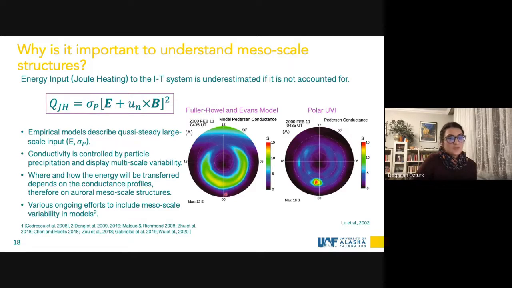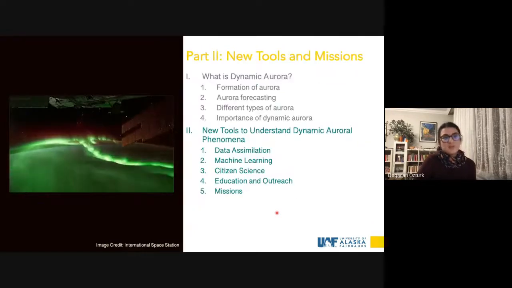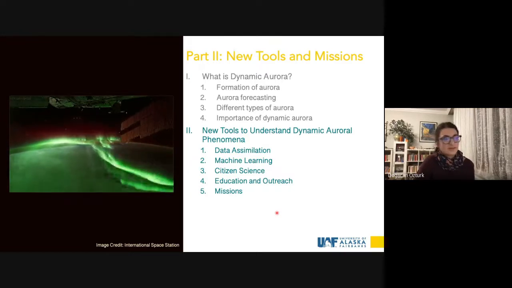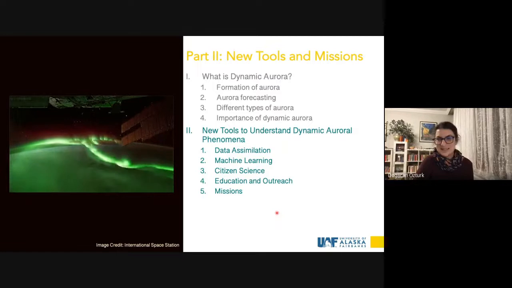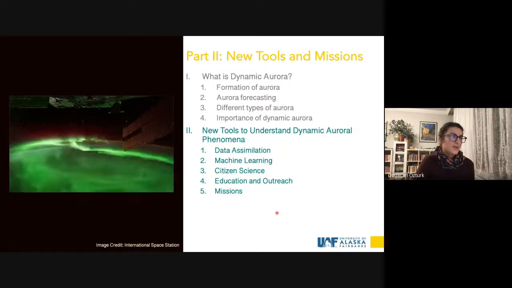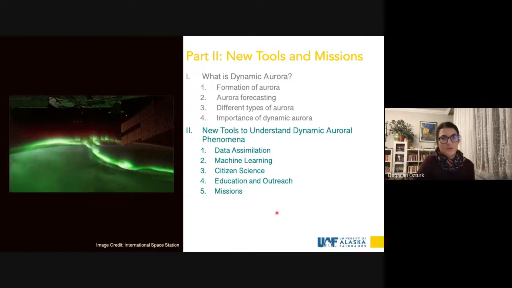So this leads to a lot of uncertainty in our modeling, especially general circulation models, because these immediately define our drivers for these systems. So this brings me to the new tools and missions, where I want to talk a little bit about data assimilation, machine learning, citizen science, education outreach, and missions that are in the works to understand this dynamic aurora better.